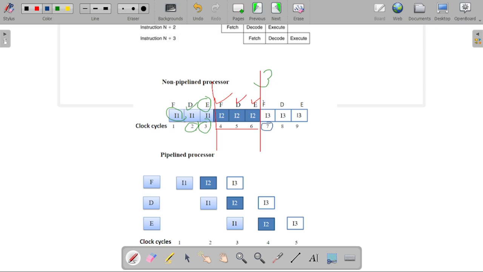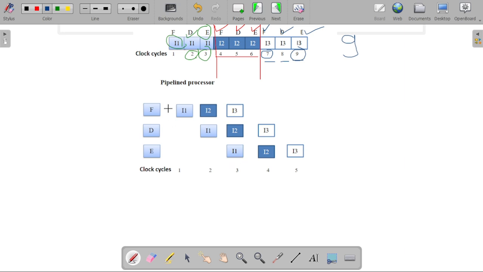Without pipeline architecture, we require a total of 9 clock cycles for executing these 3 instructions, because each instruction requires fetch, decode, and execute, that is 3 clock cycles.